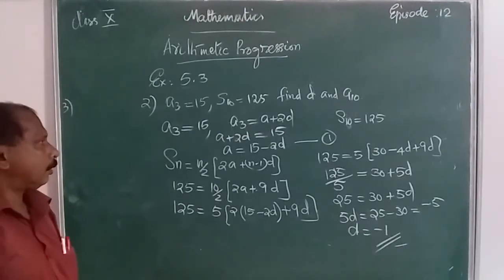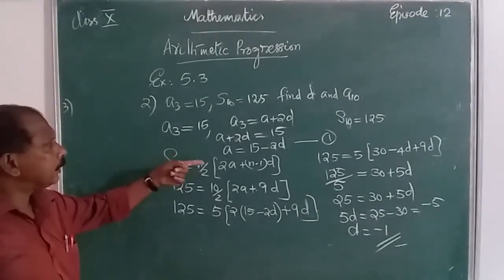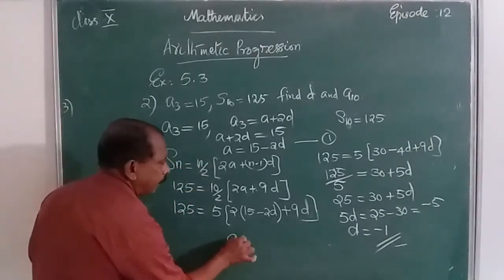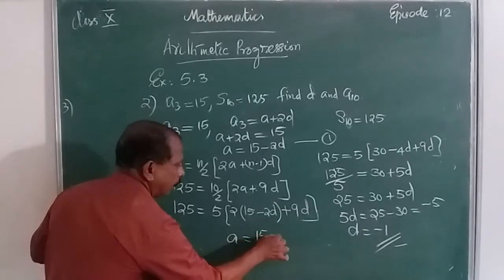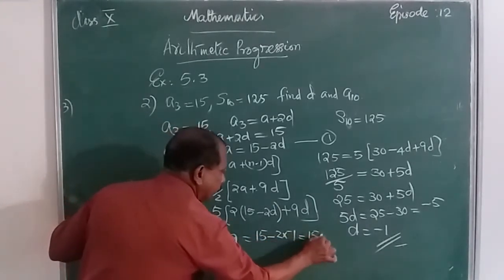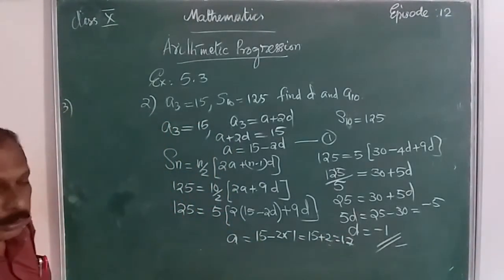So d is minus 1. We can find out the d. Therefore, what is a? Therefore, a is equal to 15 minus 2 into minus 1, is equal to 15 plus 2, is equal to 17. Clear?